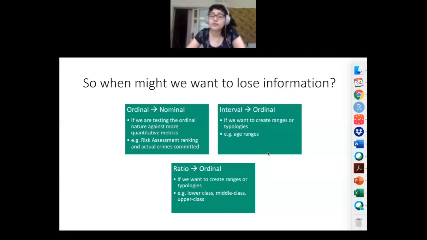And we might want to reduce ratios into ordinals if we want to create ranges or typologies again. So if instead of how much people make per year, we want to categorize people into lower class, middle class, and upper class for analysis, that might also be helpful.